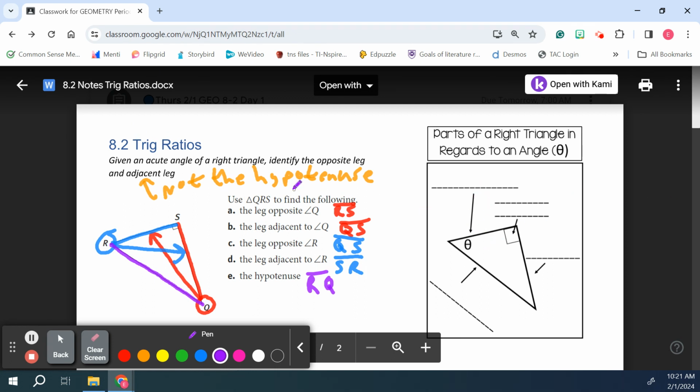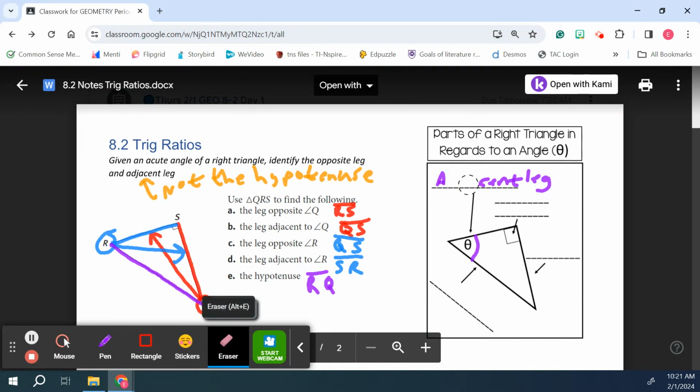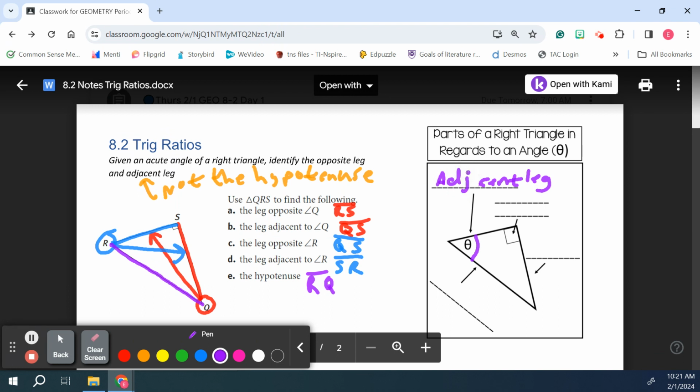And if we're looking at this angle right here, and we're looking at this side, this would be the adjacent leg. There we go, the adjacent leg. From here over here, this would be your opposite leg.